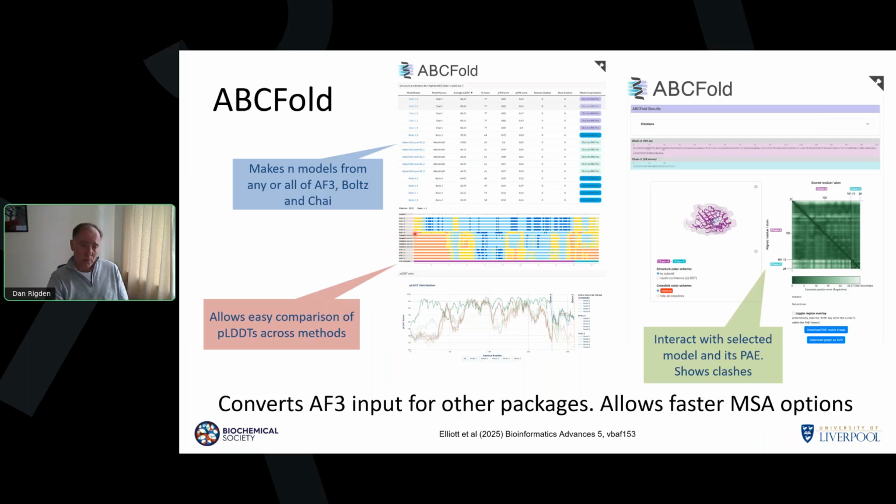Here's a protein. There's nothing special about this protein, but you can see in this particular case, Chai is giving us much more confident models than AlphaFold 3 and Bolts. We don't know why, but if you really want to go the extra mile on a protein of interest and compare the three, you might find that one method outperforms the other, and that's good to know.